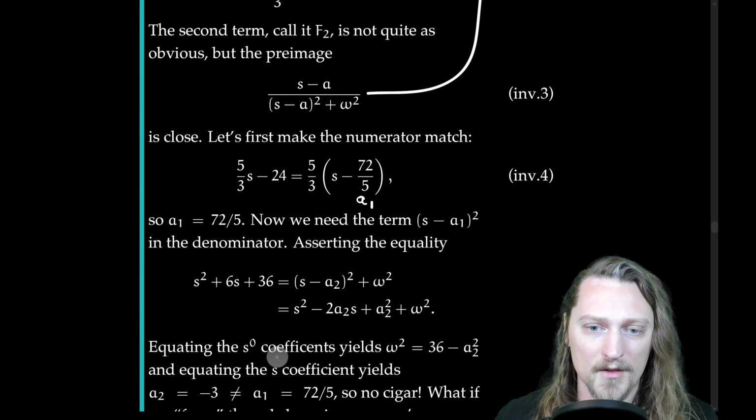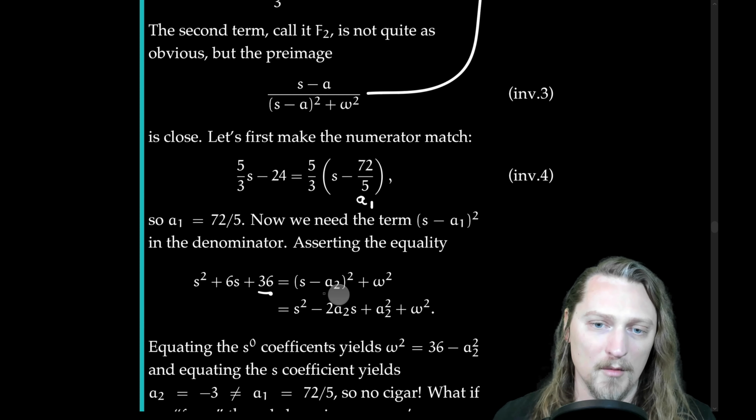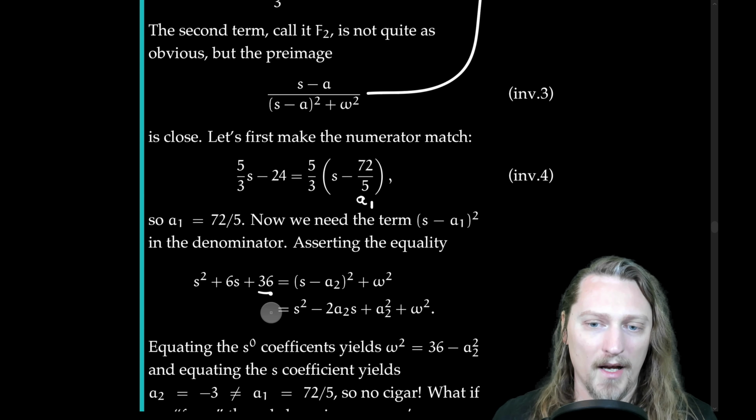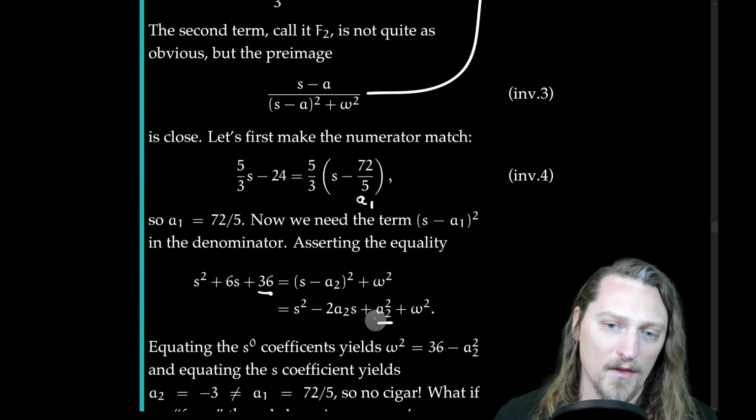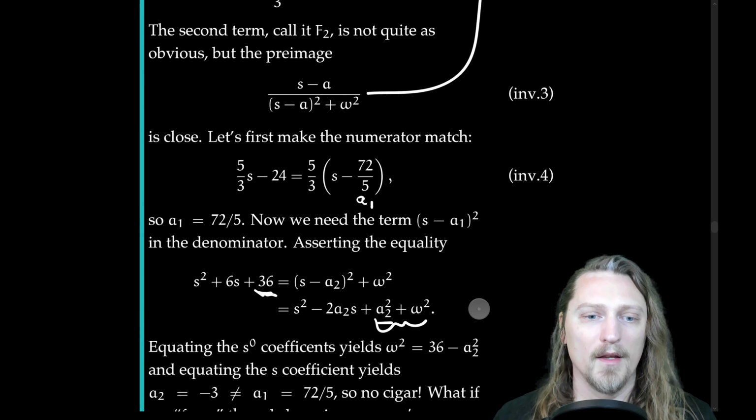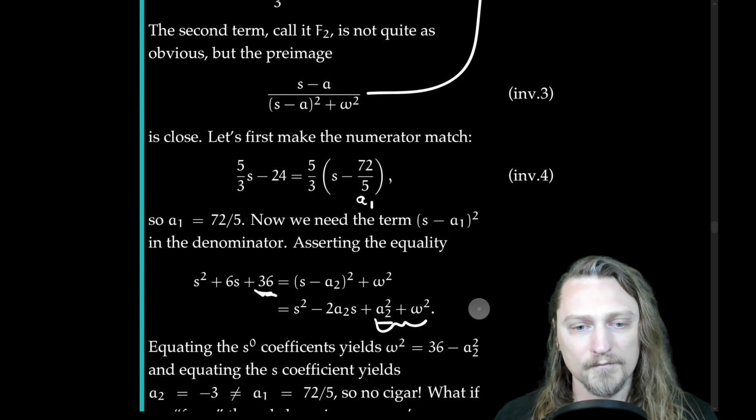That gives us that omega squared has to equal 36 minus a2 squared. So we said that this term has to equal this term, and then we said that omega squared has to equal this. Great.